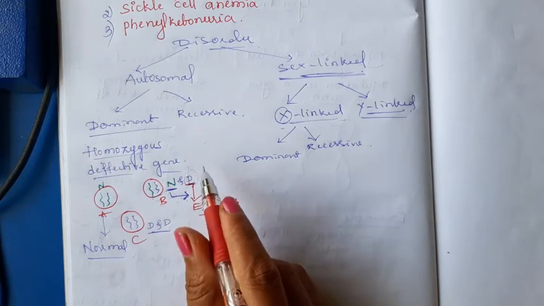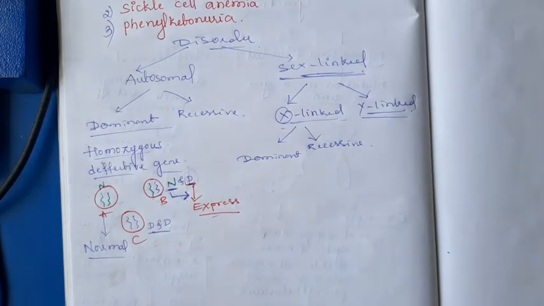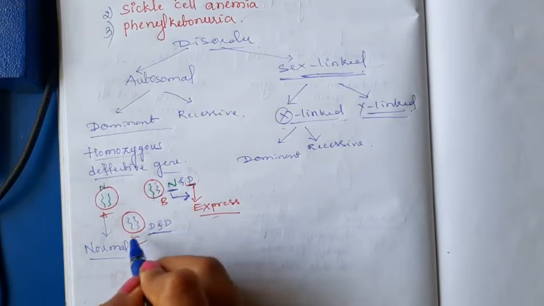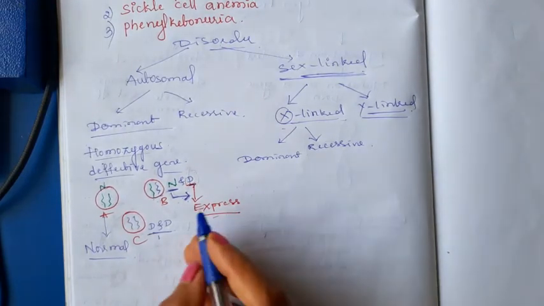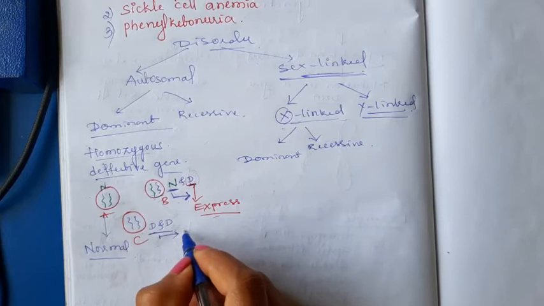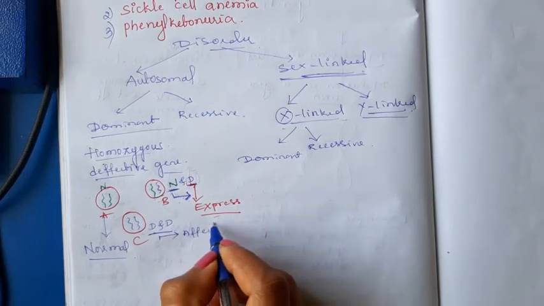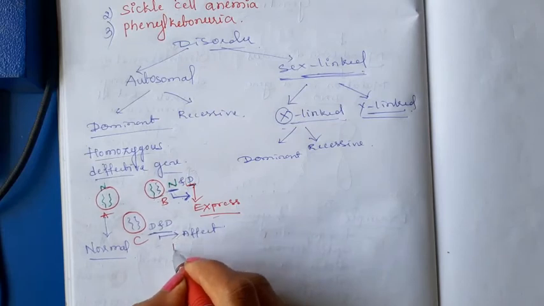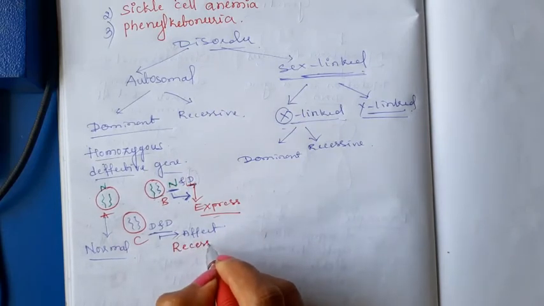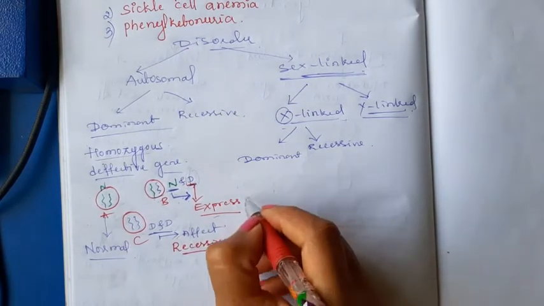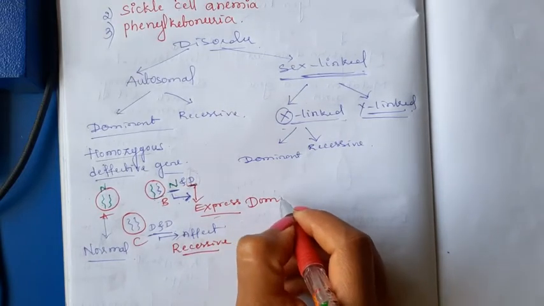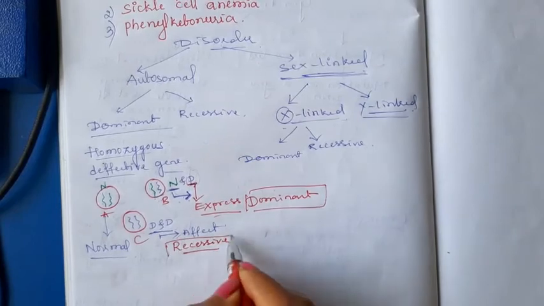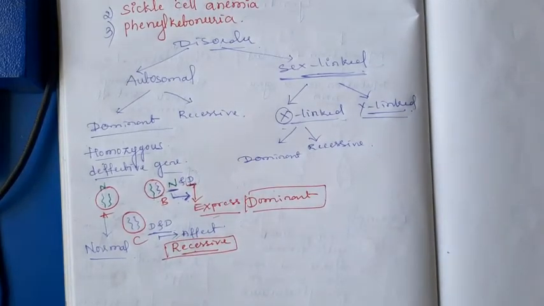Okay, it is a dominant disease. In case of two diseased genes, it is obviously going to affect. This condition is known as a recessive disease. This one is dominant, this one is a recessive condition.